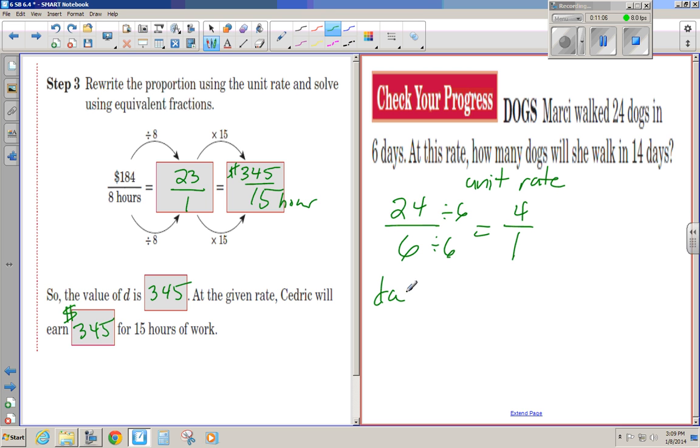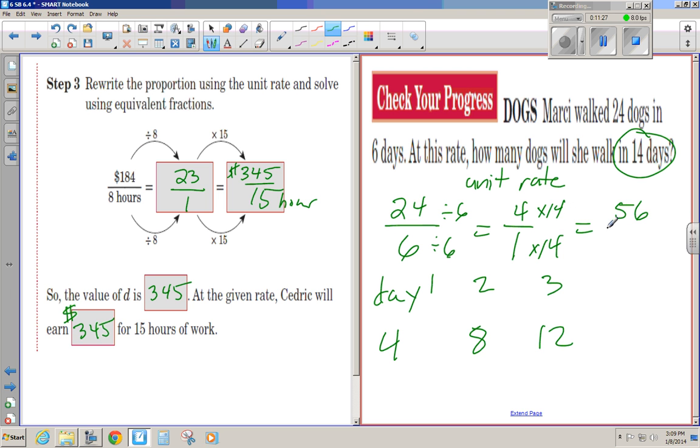So day 1, 4. Day 2, 8. Day 3, 12. And you could continue like this. Or simply multiply now by what you want the denominator to be, 14. 56 dogs in 14 days. That's a lot of dogs to walk in 2 weeks.